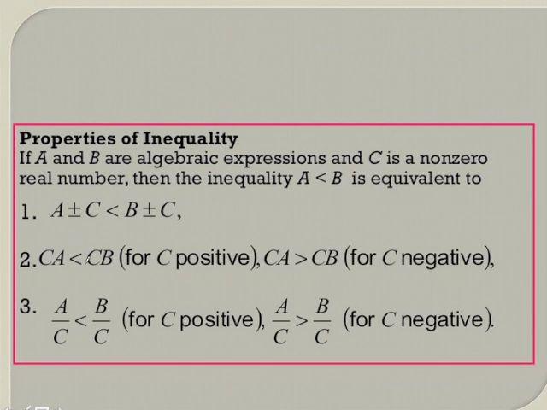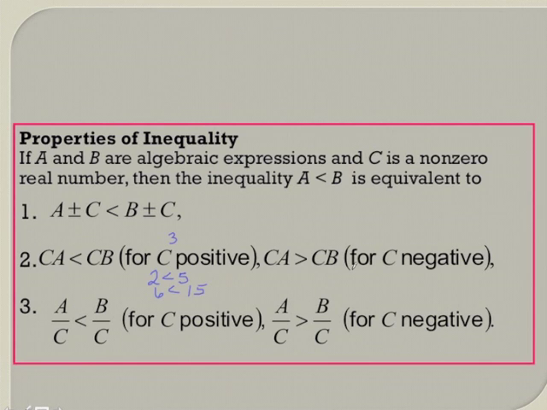We can multiply both sides by C. If C is positive, notice the inequality stays less than. But if C is negative, it becomes greater than. This sometimes surprises people, but let's start with a couple numbers. Let's say that 2 is less than 5. Well, if we multiply by 3, we'd end up with 6 is less than 15.